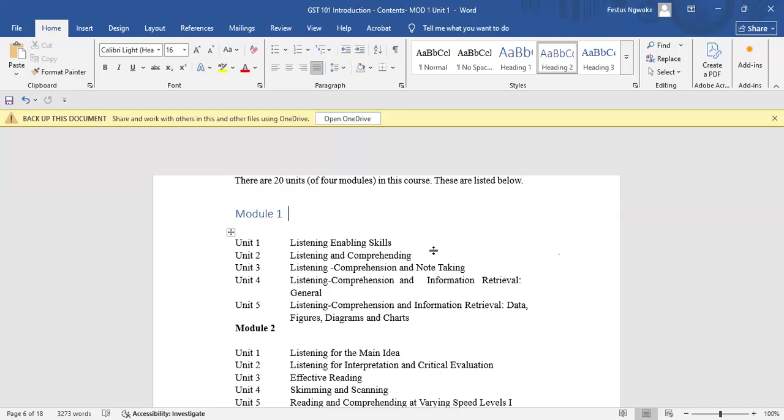It's a very important foremost language skill, study skill as well. No one can make any headway in any learning without listening skill. It is not possible.